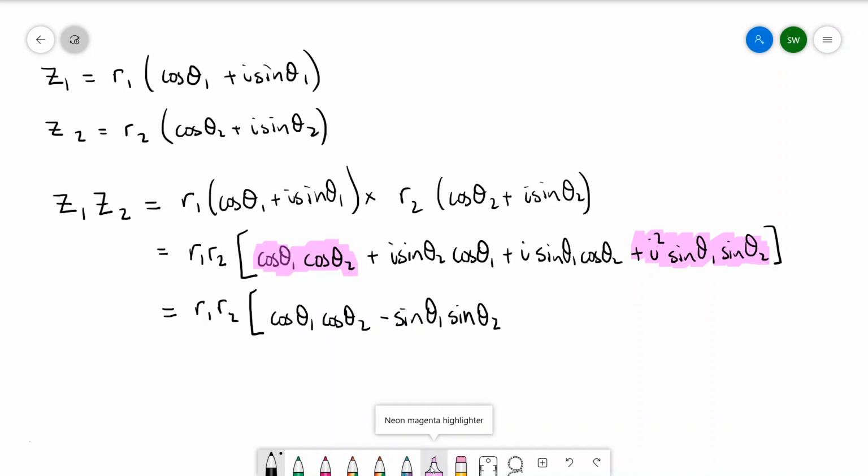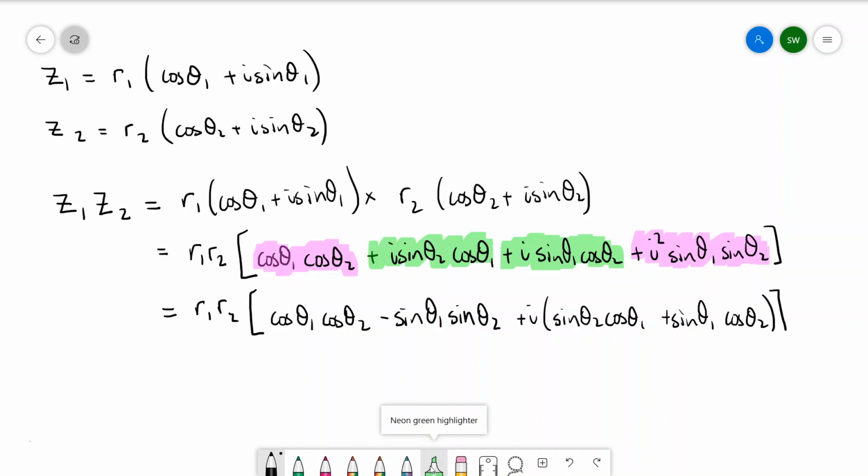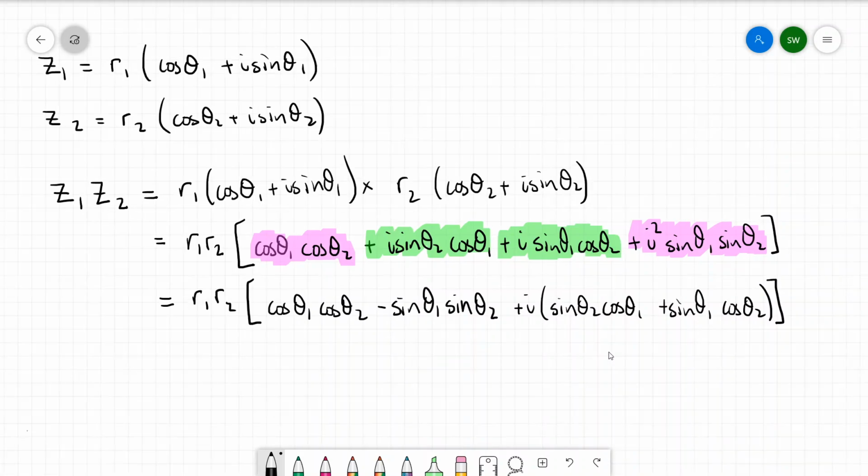So that's the purple terms collected together, the real terms. The imaginary terms are these two green terms here, and I'm going to take i outside of a bracket like we often do. So we're going to have i lots of sine theta 2 cos theta 1 plus sine theta 1 cos theta 2.